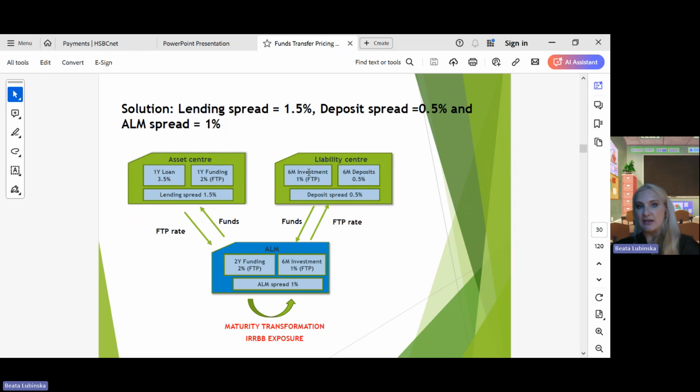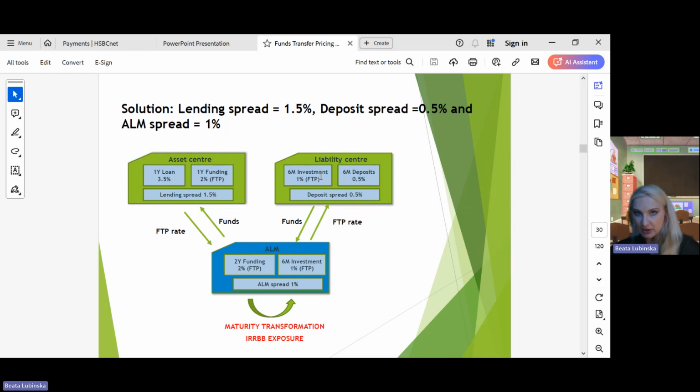Then when we look at the liability center, the situation is slightly different because this position is shorter. The remuneration or customer rate to the customer is 0.5%, the tenor 6 months, and we are receiving 6-month funding. Treasury is receiving 6 months customer funding, retail or SME, and remunerates the liability center for this funding at the 6-month FTP rate.